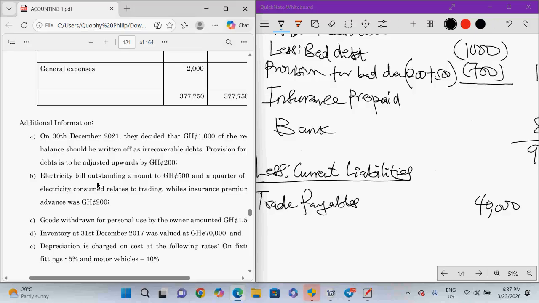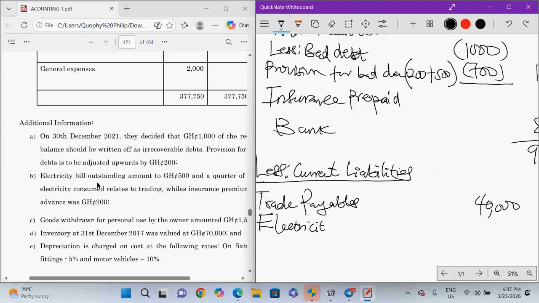With additional information, always start from the beginning, systematically from the top. I've already done this. The next thing is electricity bill outstanding. That is a liability, so far as it's in the additional information.